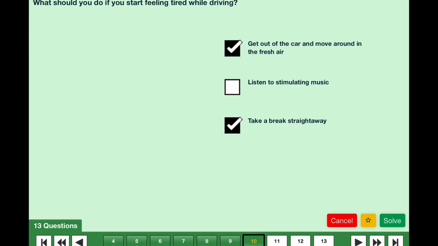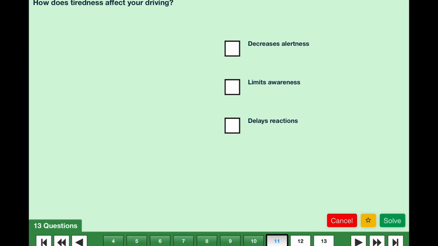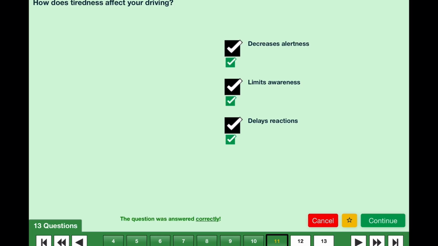So 1 and 3 are the correct answers. Moving to the 11th. How does tiredness affect your driving? Decreases alertness, yes. Limits awareness. And also delays reactions. So 1, 2, and 3 are also correct.